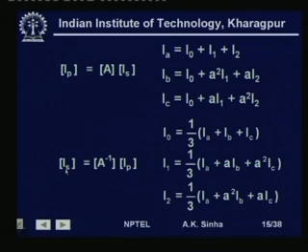Same thing if we want to write the symmetrical component currents in terms of phase currents: we will write Is is equal to A inverse Ip, which in expanded form can be written as I0 is equal to 1 by 3 (Ia plus Ib plus Ic), I1 is equal to 1 by 3 (Ia plus A Ib plus A square Ic), and I2 is equal to 1 by 3 (Ia plus A square Ib plus A Ic).